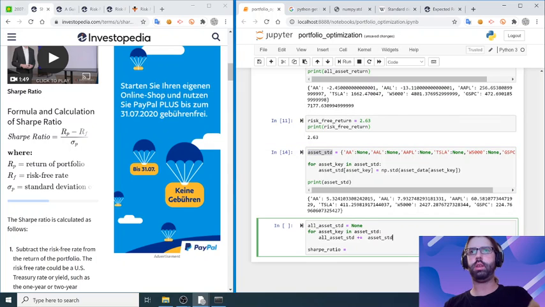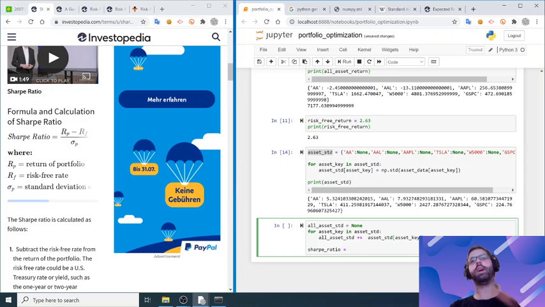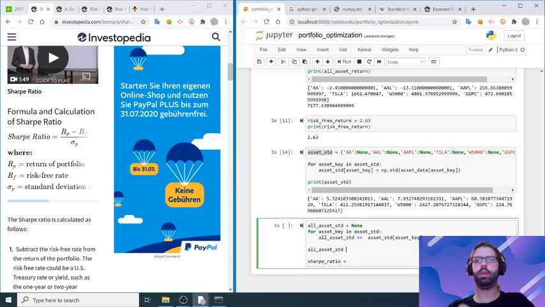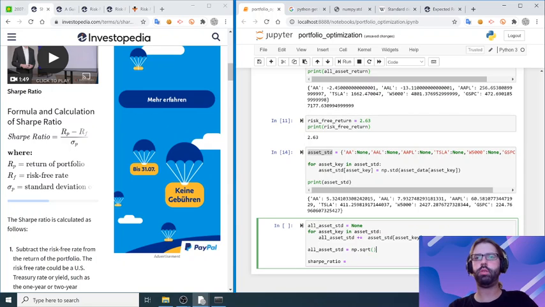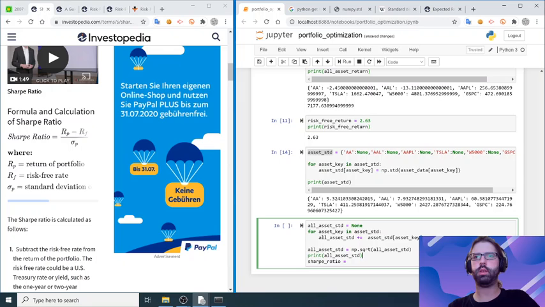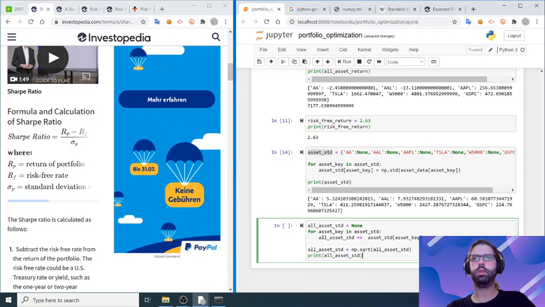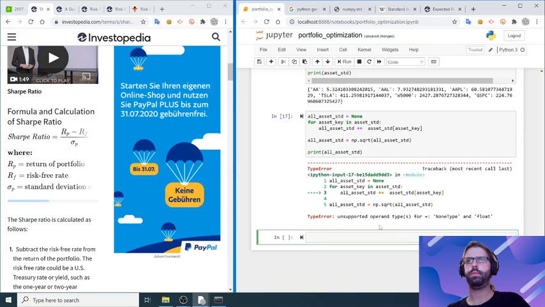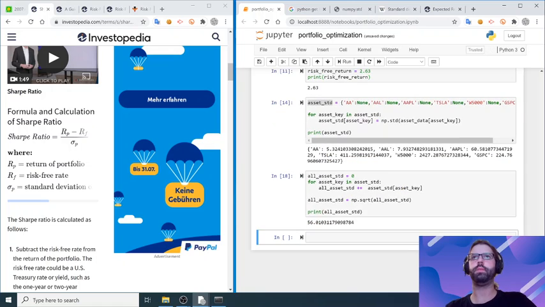Asset STD as a key. So we'll add things up, and then at the end say that this is basically the square root of this, this is the way that you run it, I think. And we'll print these. Sorry, it should start with a 0.